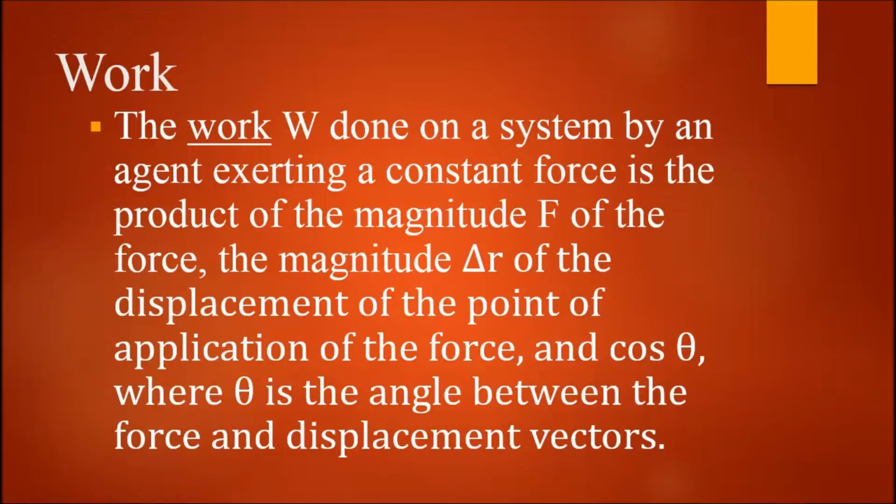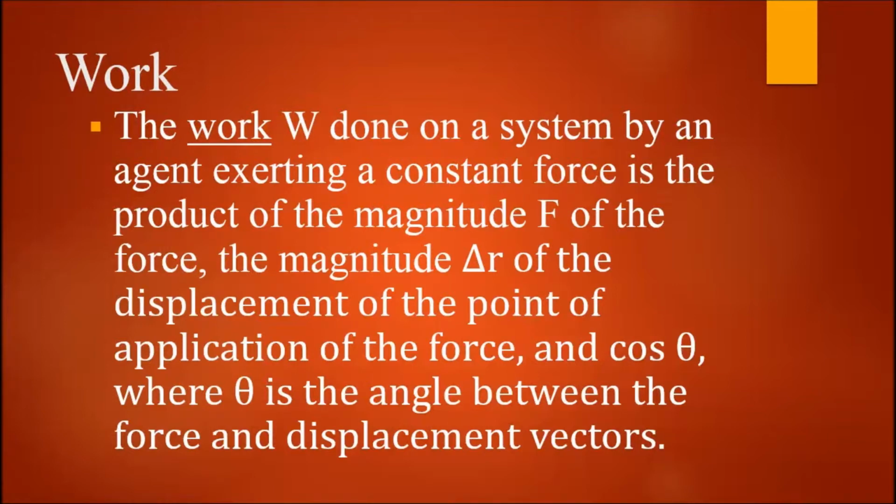The work W done on a system by an agent exerting a constant force is the product of the magnitude F of the force, the magnitude delta R of the displacement of the point of application of the force, and cosine theta, where theta is the angle between the force and displacement vectors.